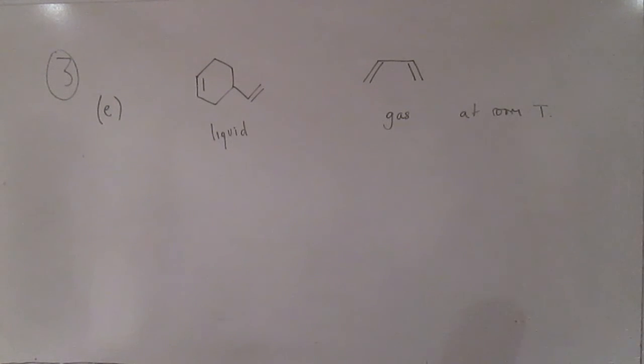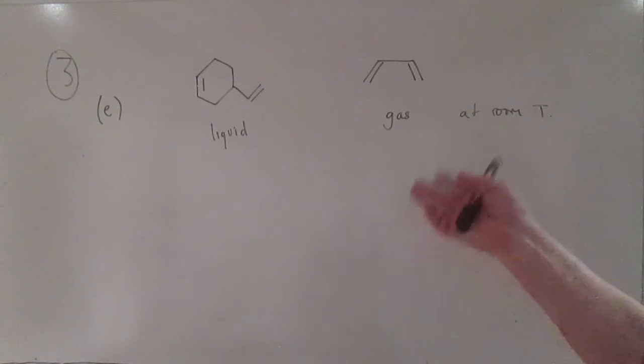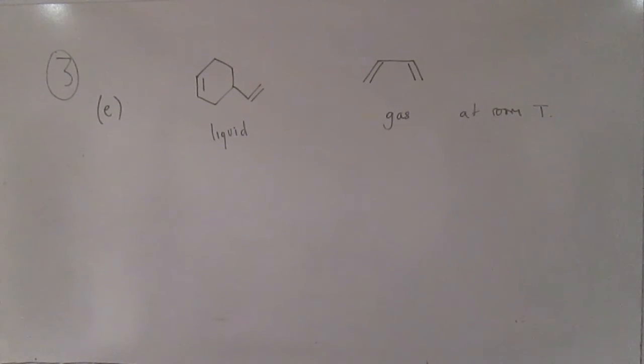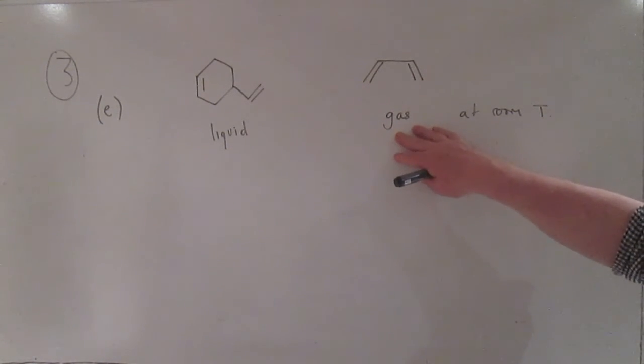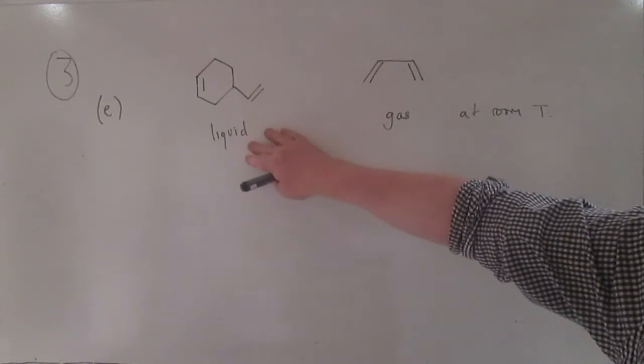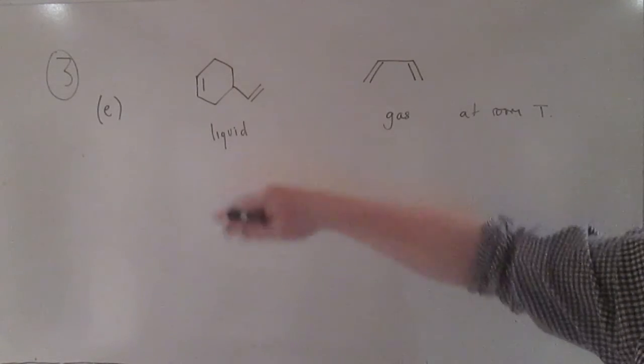Whenever you have anything that has to do with melting points or boiling points, remember you always take the same approach in explaining them, and that's what this is. It didn't use those terms, but if this is a gas at room temperature, it means we're above the boiling point, whereas this is a liquid, which means we're below the boiling point.